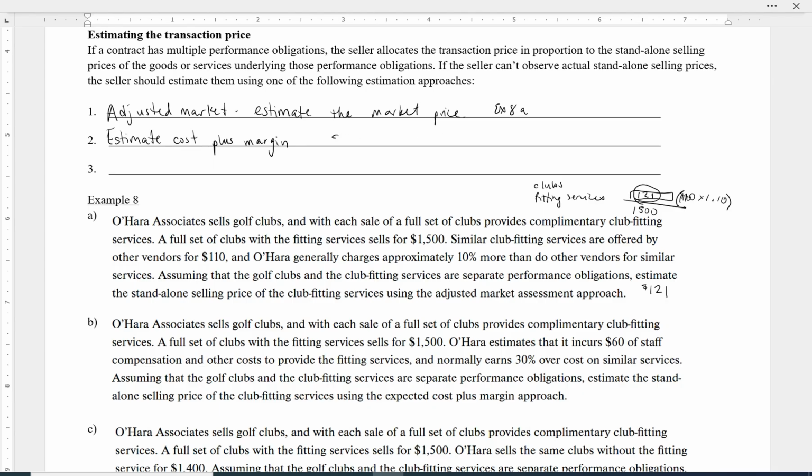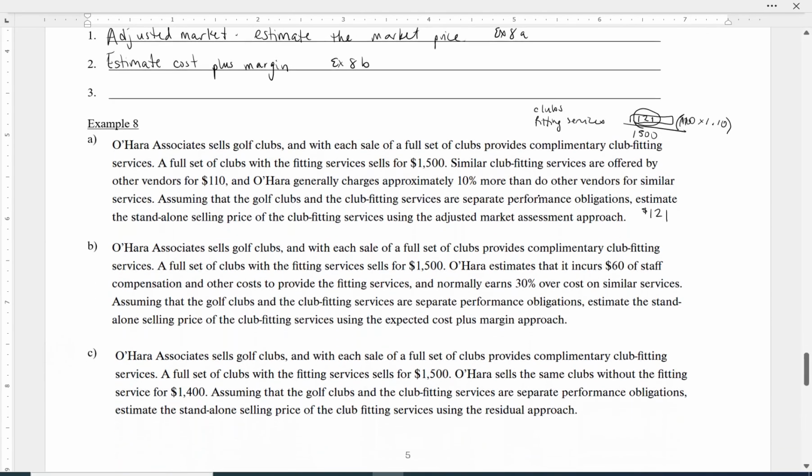Okay, so this was example 8A. Here we're going to look at example 8B. The golf clubs with the fitting services come together for $1,500. O'Hara estimates that it incurs $60 of staff compensation, another cost to provide the fitting services, and normally earns 30% over cost.